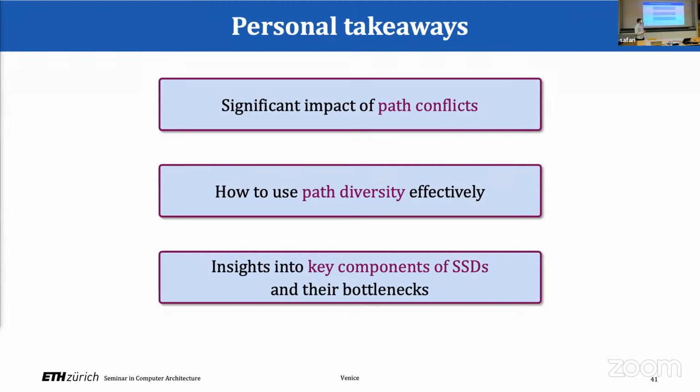And at the end, obviously gain some insight in the components of the SSDs and their bottlenecks, and yeah, very interesting to see.